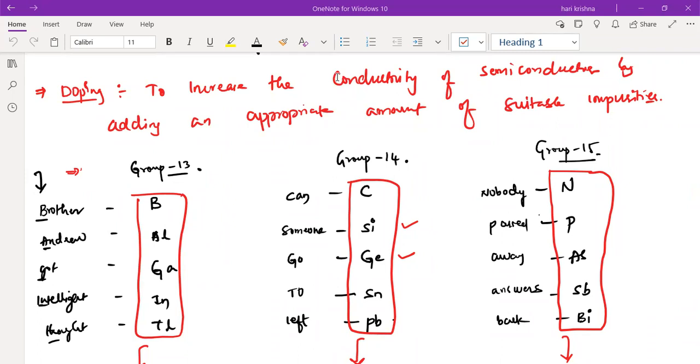Already I have written group 13 to 15 here itself. The remaining three more groups are there, 16, 17, 18. Any one of you can tell me the answer.